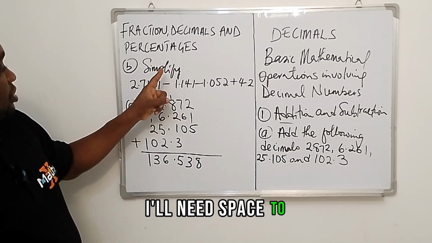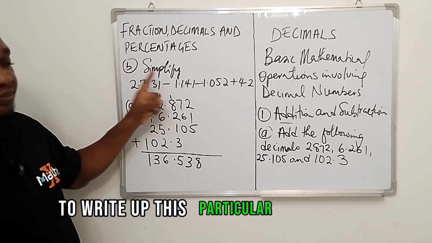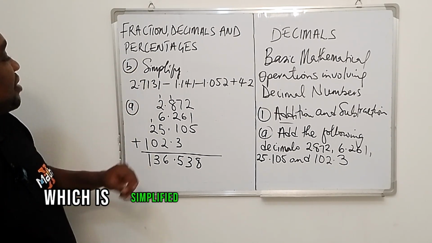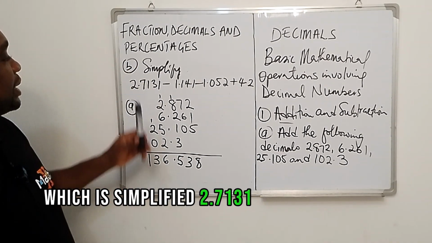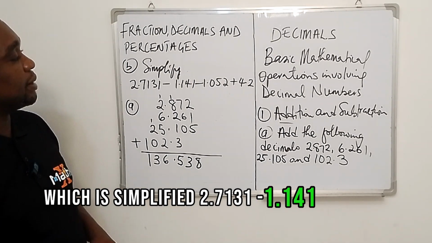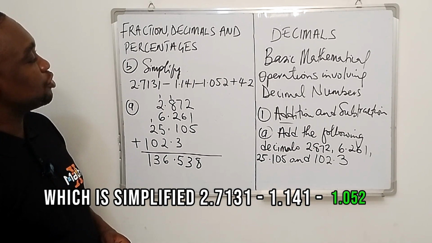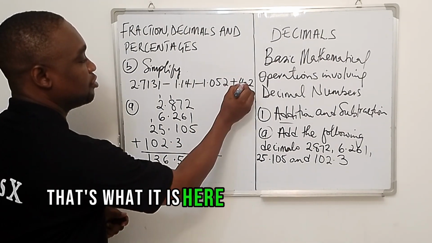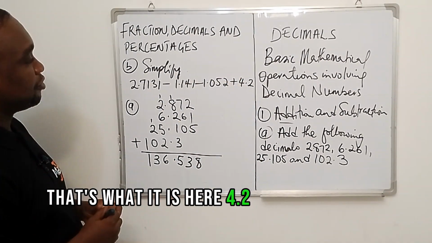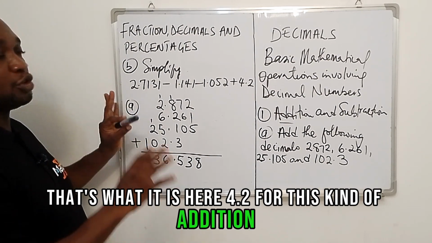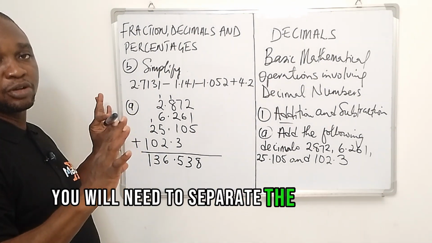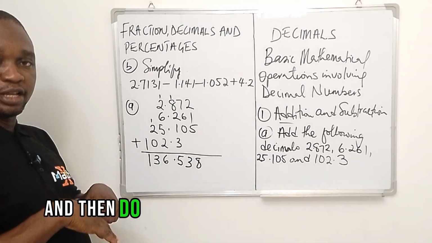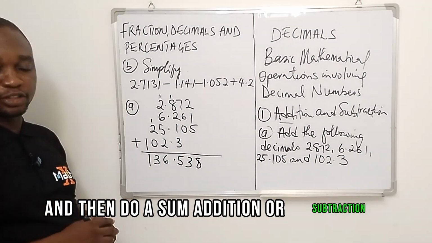I'll need space to write up this particular example, the B part up here, which is simplify 2.7131 minus 1.141 minus 1.052 plus 4.2. That's what it is here, 4.2. For this kind of expression, you need to separate the ones with the minus and the ones with the plus, and then do the addition and subtraction.